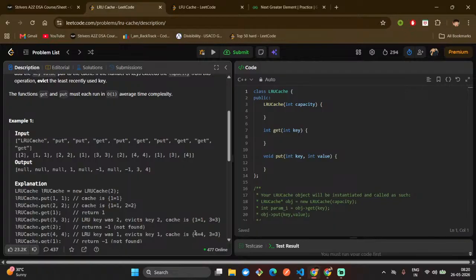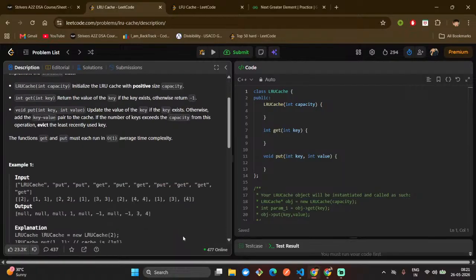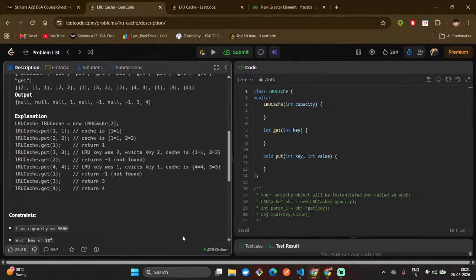So the key was two, three. Key was two, minus one. Put updates the value of the key if it exists, otherwise gives the pair to the test with the number of pairs. So that is the least recently used.